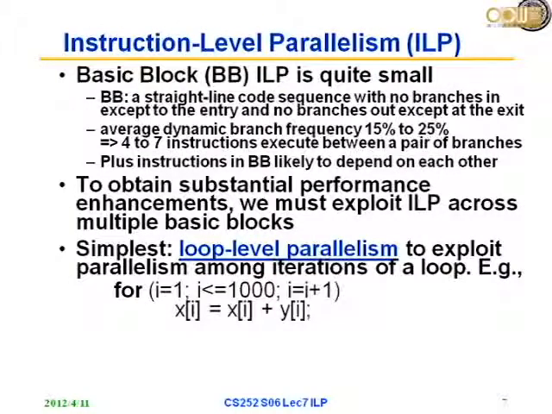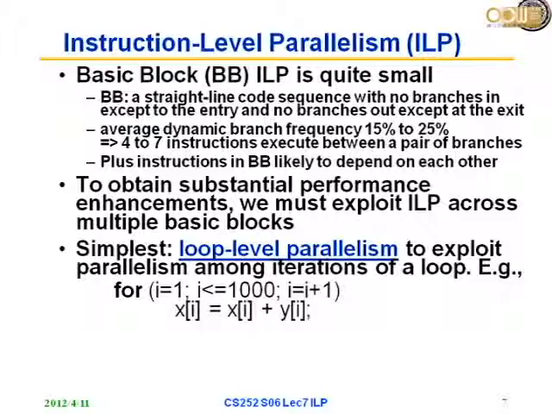Next, we define basic block. What is a basic block? Do I need to define any further for you? No? Okay. So what do you think about the degree of ILP in a basic block? Should be very limited, right?